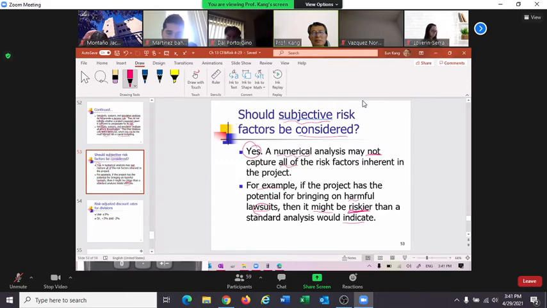Let's say because of a lawsuit, you may have to pay $1 million. Then you may have to assign some probability: what is the probability of losing the lawsuit, or the probability of a lawsuit occurring? Then you may include that as a negative cash flow, and that's safer, right? So you have to include subjective risk.